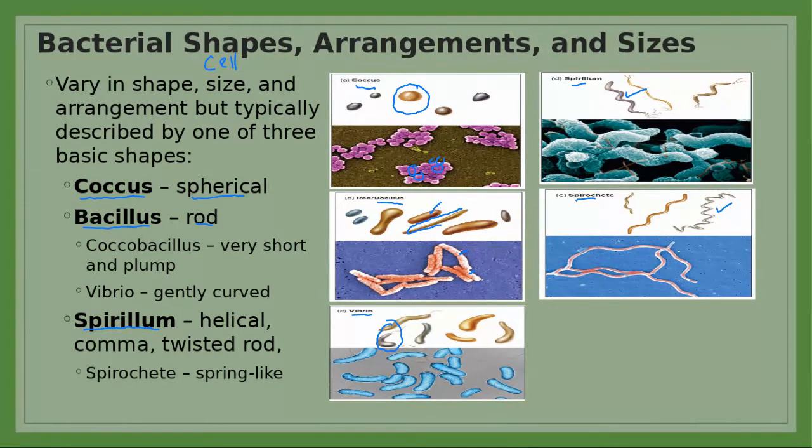Sometimes between round and bacillus, there is a kind of oval bacteria. So again, there are three main shapes of bacterial cell: coccus, bacillus, and spirillum. Between them, there are other kinds of shape like comma shape and oval shape.